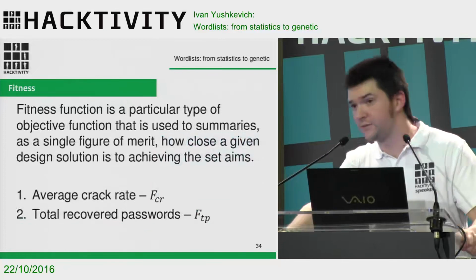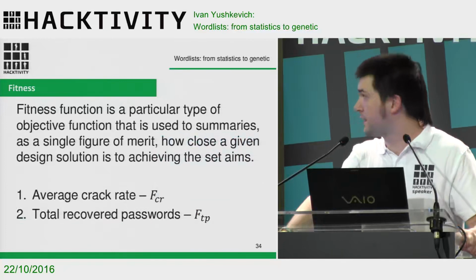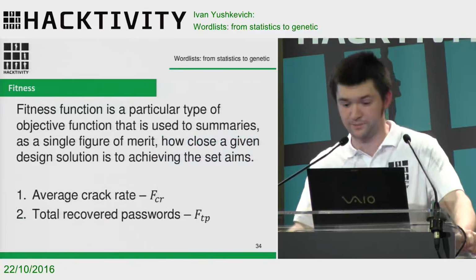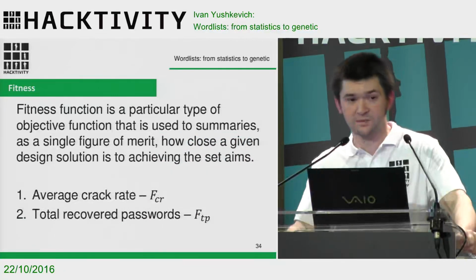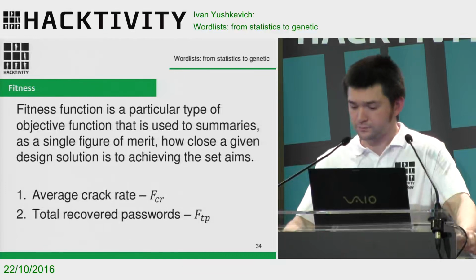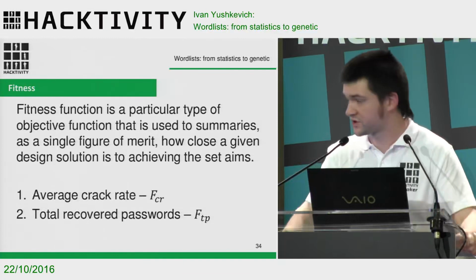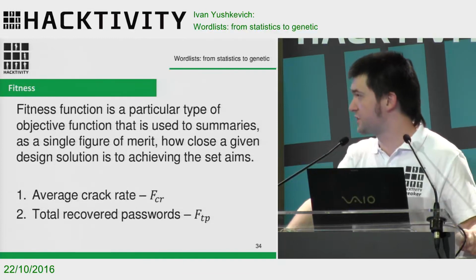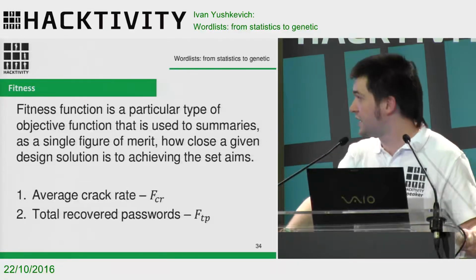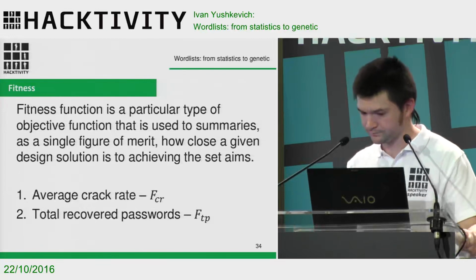Fitness function. The fitness function is one of the main parts of genetic algorithms. Relying on its value, we decide whether our goal is achieved or not. So for testing I chose 2 types of it. First, the average crack rate of the dictionary, and the total recovered passwords.